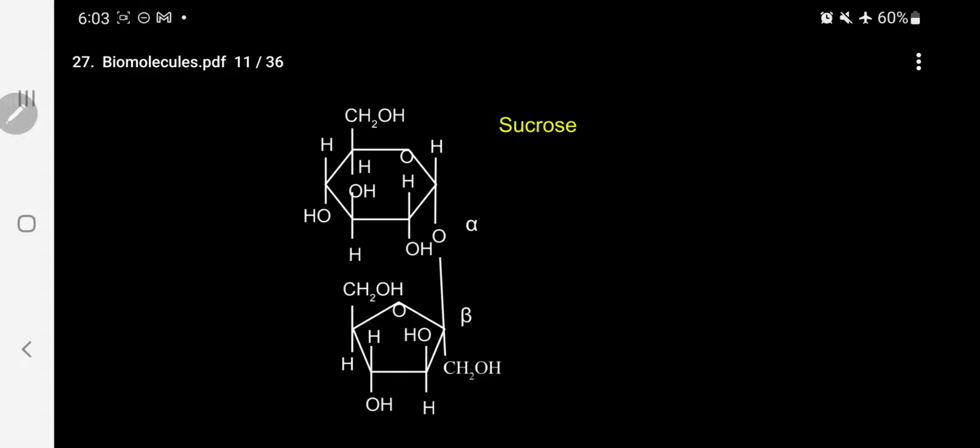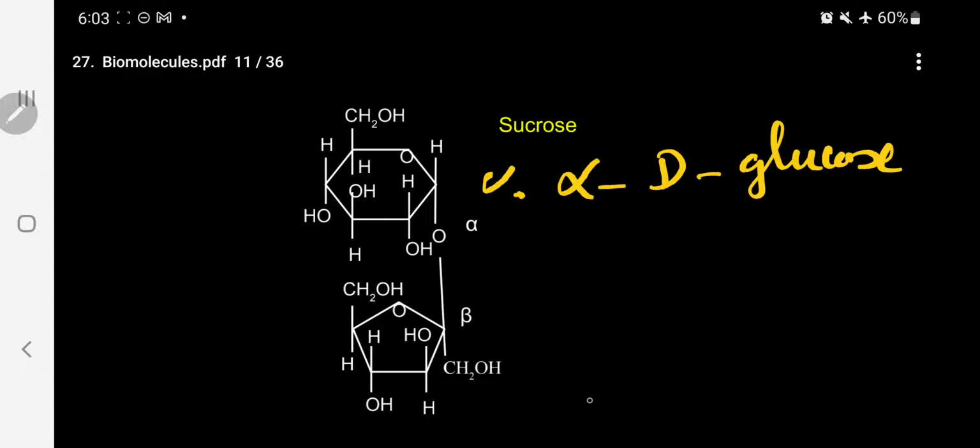Kindly follow. This is a 6-membered ring. The linkage is alpha. Alpha means OH is below. Alpha D glucose. Please follow. Alpha D glucose. And this is a 5-membered ring. It is beta D fructose.